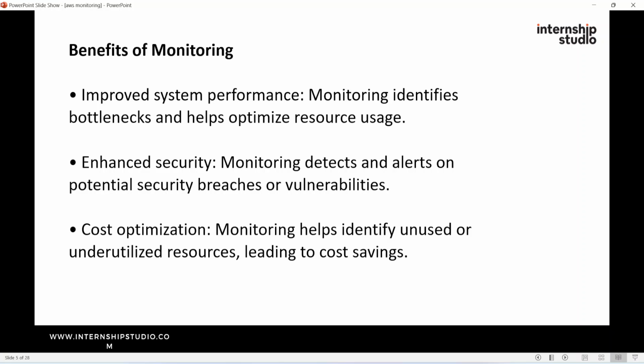Next is enhanced security. So monitoring detects and alerts on potential security breaches or vulnerabilities. So it helps us firefight then and there itself and address any potential security breaches or any vulnerabilities. For example, if someone is trying to hack into the systems, using any IAM user, in case of AWS IAM, identity and access management system.